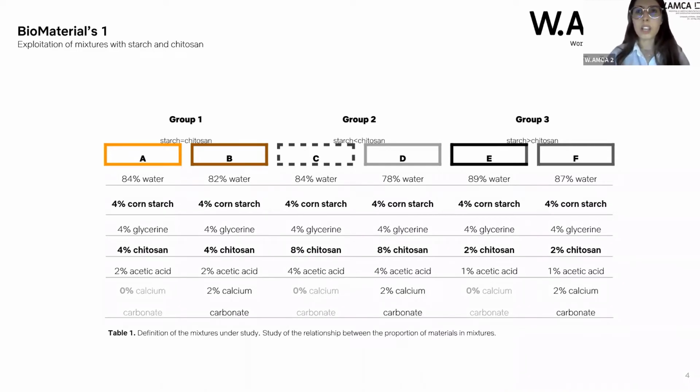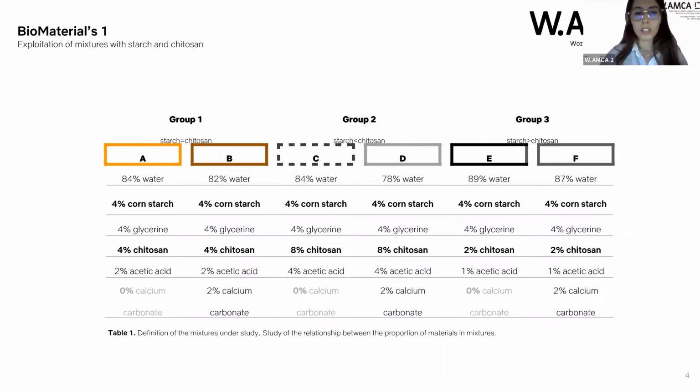3 groups. Each mixture is composed of a set of materials like water, cornstarch, glycerin, chitosan, acetic acid, and maybe calcium carbonate. So I study different mixtures with different proportions of materials. For example, group 1 studies the equal proportion of starch and chitosan.